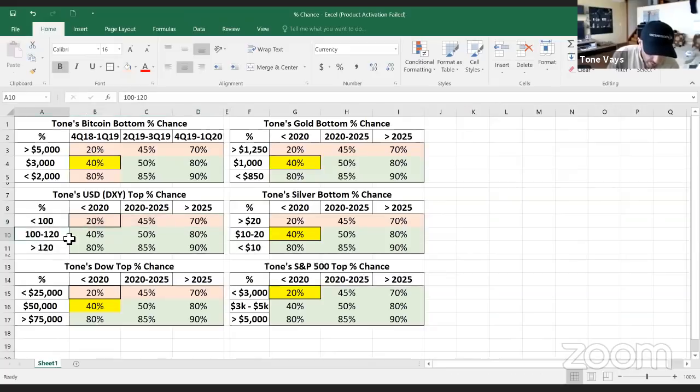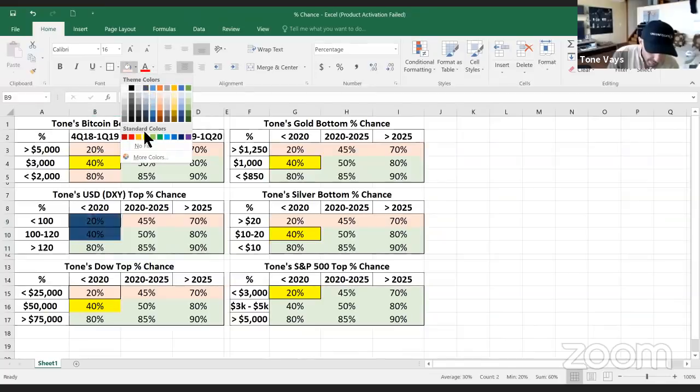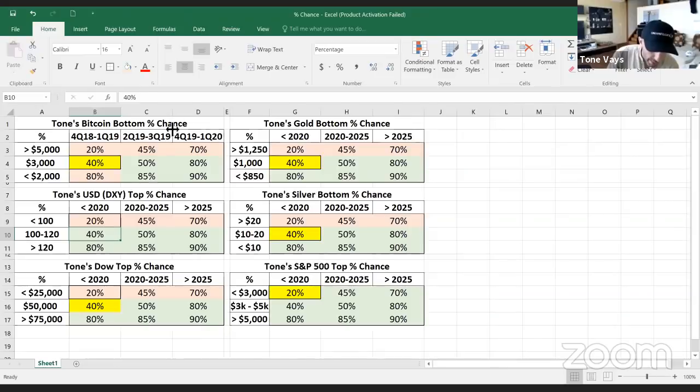Now, 100 to 120. Right now, we're back in this zone, so we're still under 120. So actually, I think both of these are in yellow. Well, actually, no, I'm sorry. This one is in yellow because we did break 100 last year or two years ago, right?